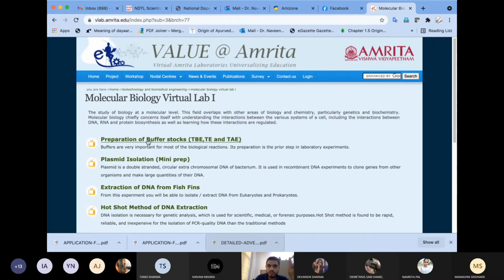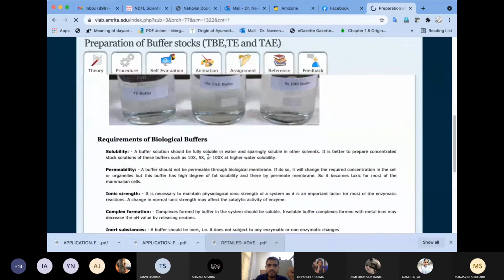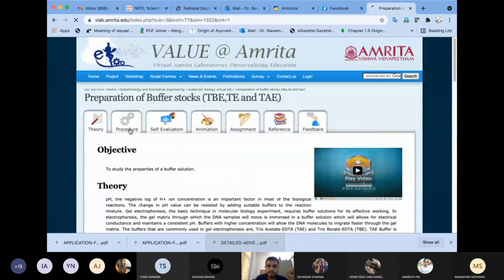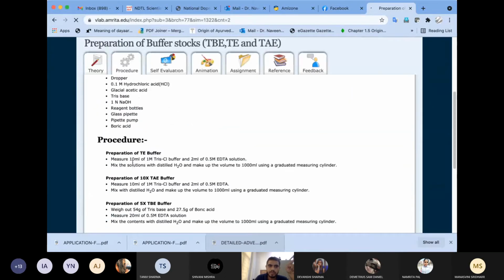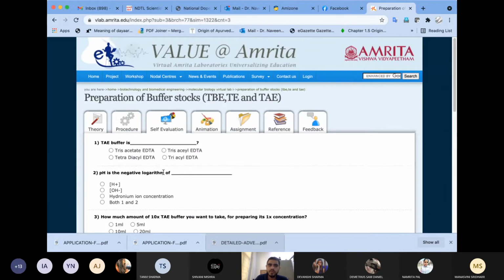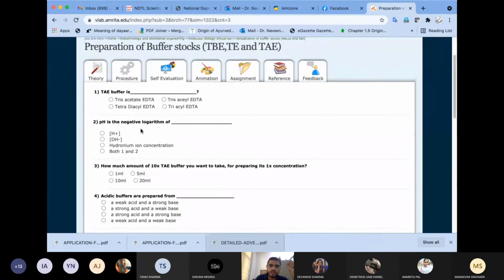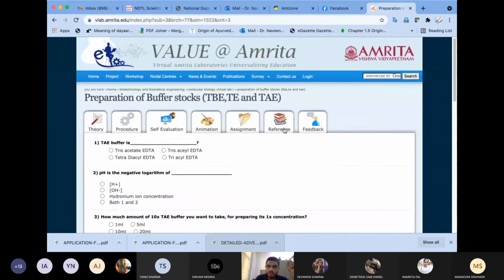If you would like to read, you can click on buffers. Here the different theories are there, how to prepare it, and the procedure is also there, what you need to prepare them. Then self-evaluation is also there on this portal: you select whether you know it or not, what you studied, what you learned. You can also go for the animations.